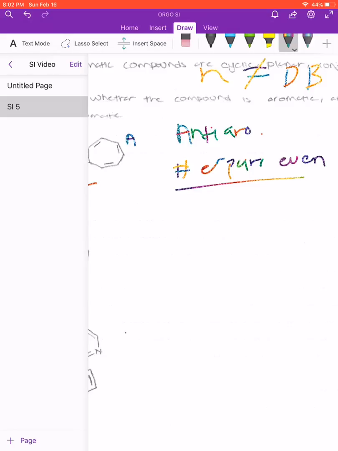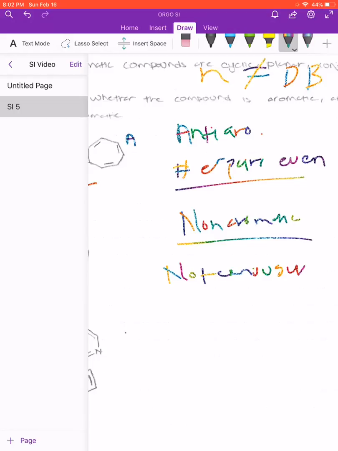Just think about it this way. It's anti-aromatic if the number of electron pairs is even, and it is non-aromatic if the molecule is just not conjugated, or it's not planar, whereas anti-aromatic molecules are conjugated and they are planar.